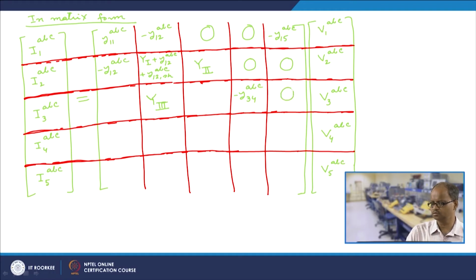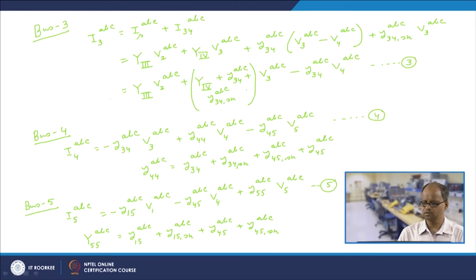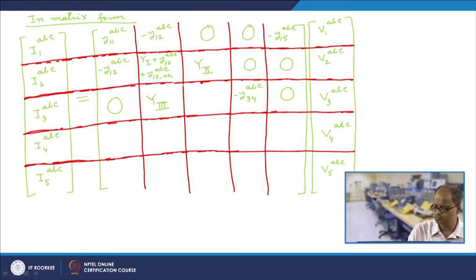This is 0. This is also 0. And this one is y4 plus y34 ABC plus y34 shunt ABC.